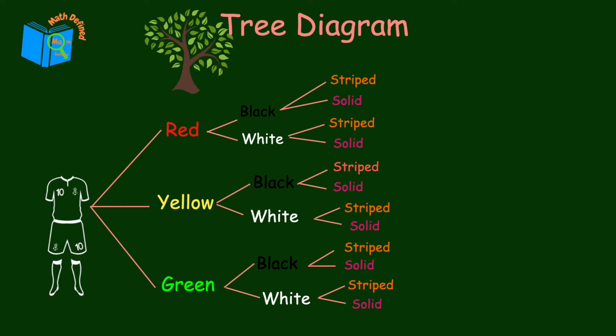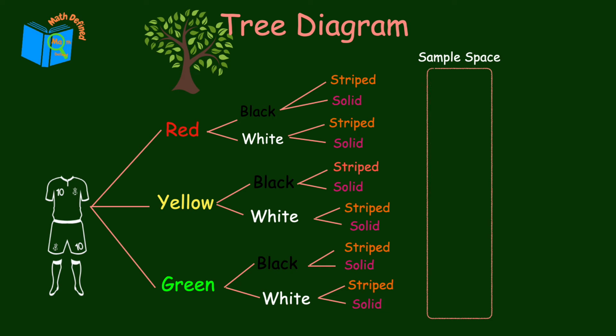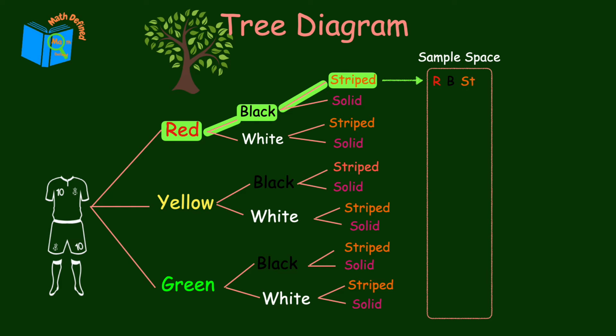Now that the tree diagram is complete, we can follow the branches to list all the uniform combinations in a sample space. Let's start with the first full path, a red shirt, black shorts, and striped socks.